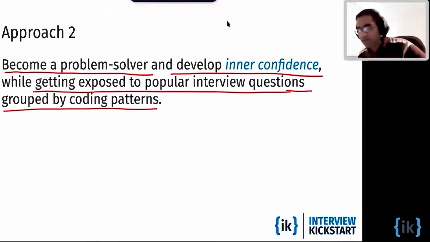So somebody asked on Discord, how can we prevent ourselves from forgetting the implementation that we did a month ago? Well, this is how you can alleviate that. If instead of solving one random question after another, you group together questions which have the same coding patterns, so when you solve those 5 or 6 problems, the same pattern is unconsciously getting repeated and reinforced in your mind.